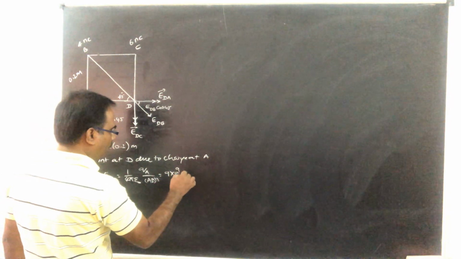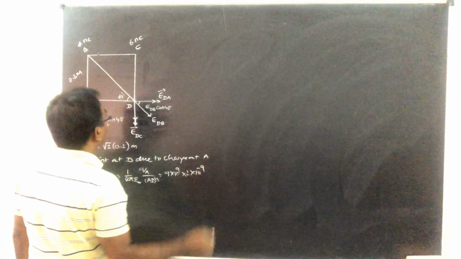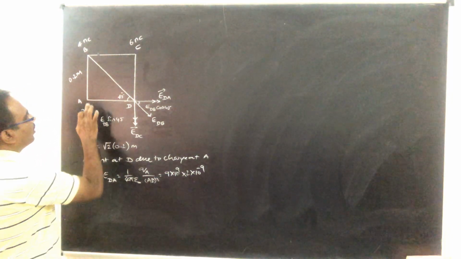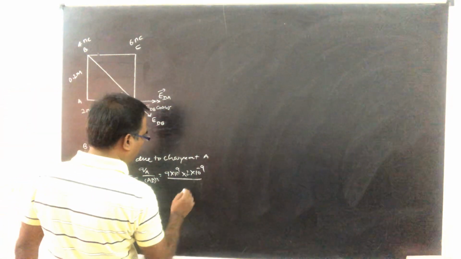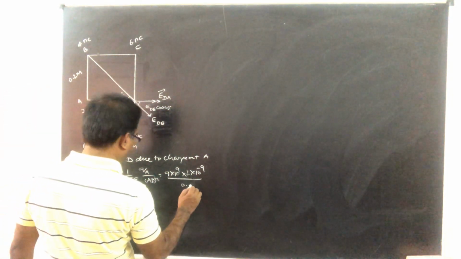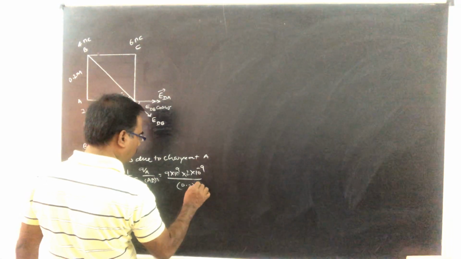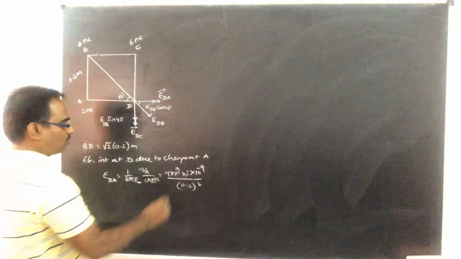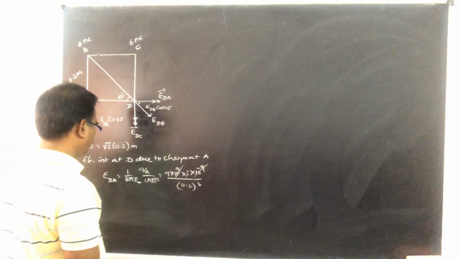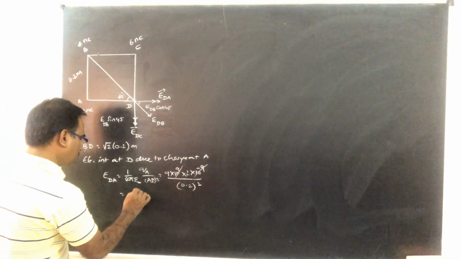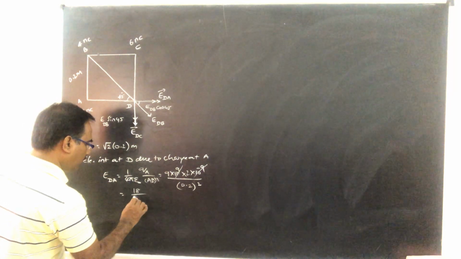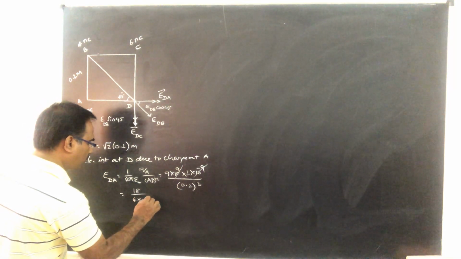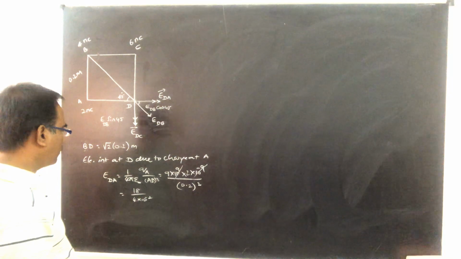So 9 into 10 to the power of 9, 2 into 10 to the power of minus 9, divided by 0.2 whole square. So these terms can be cancelled. So this is 18 divided by 4 into 10 to the power of minus 2.